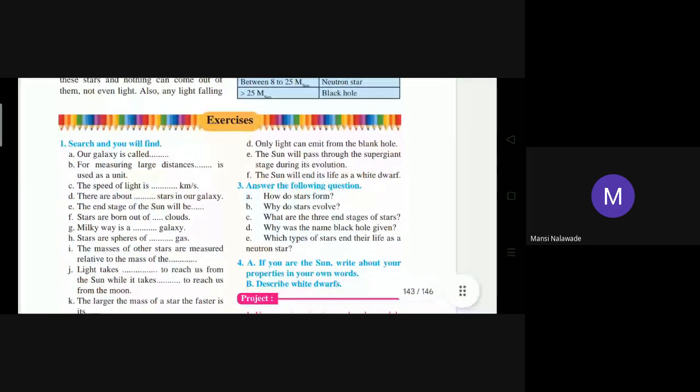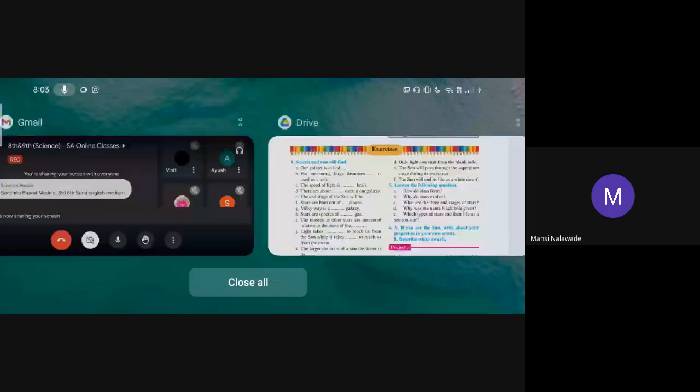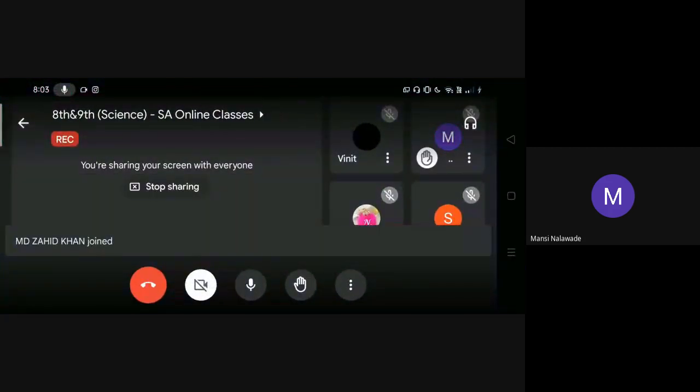Answer the following question. How do stars form? Huge clouds of gas and dust are present in the empty spaces between stars in a galaxy. They are called interstellar clouds. Due to gravity such clouds start contracting.